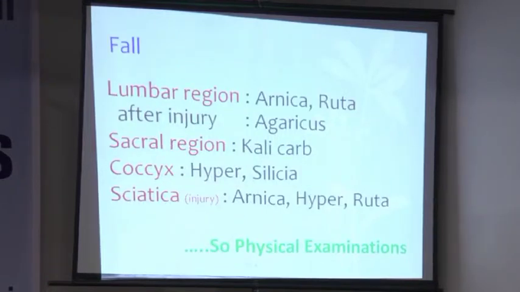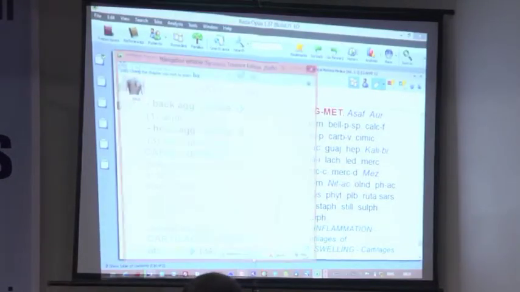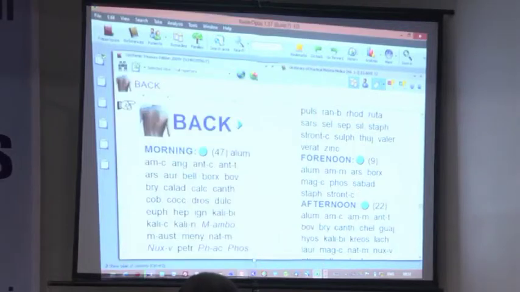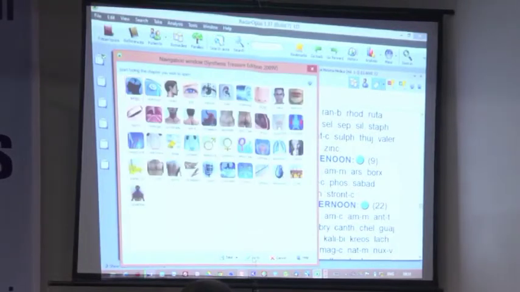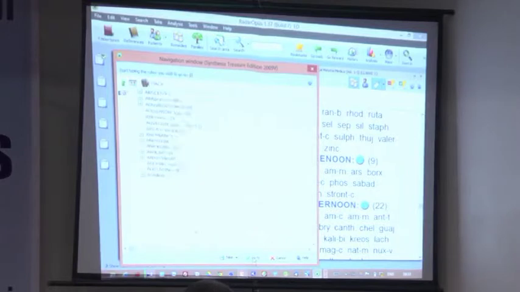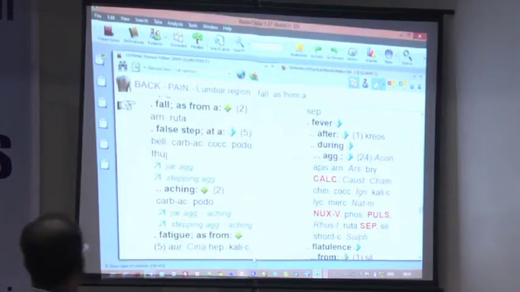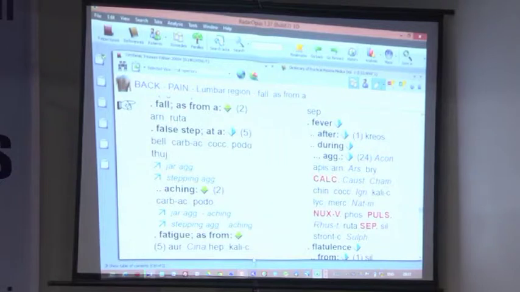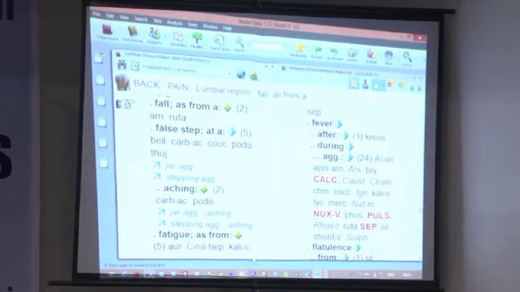Suppose it is a fall in the lumbar region. That is back pain, lumbar region pain. The remedies are arnica and ruta. Pain in the lumbar region after a fall.